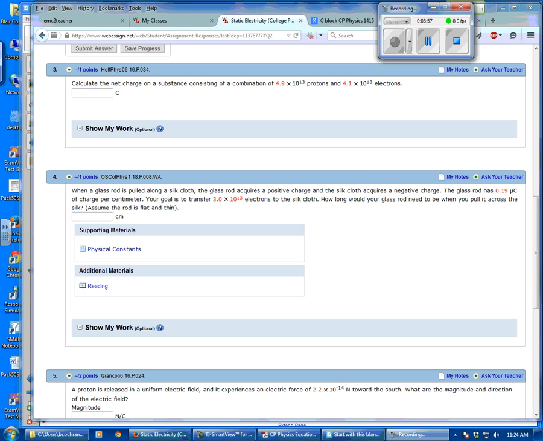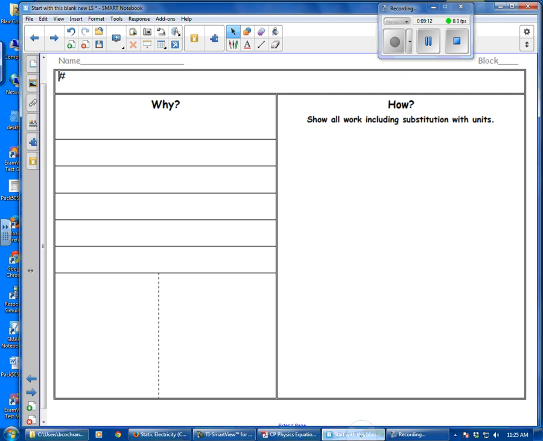All right, so we might as well finish this assignment off with number 3. Calculate the net charge on a substance containing a combination of this many protons and this many electrons. All right, so the major points you would need in your Y: electrons have one quanta of negative charge.